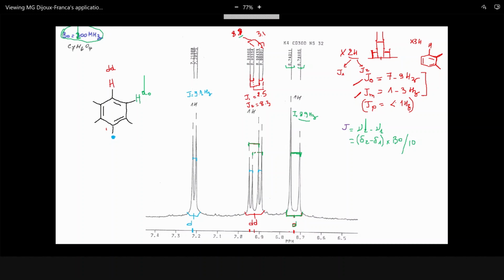Do you think in the red proton we have a para coupling? We said that para coupling is less than 1 Hertz. Do we measure a para coupling here? Here we have 3, 2.5 or 3.1. There is no para coupling there, okay?